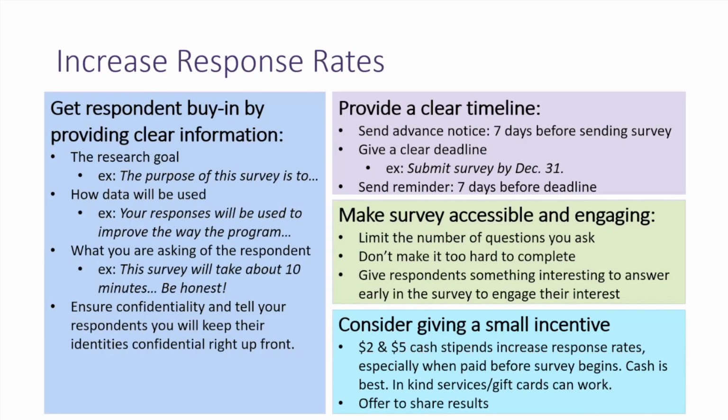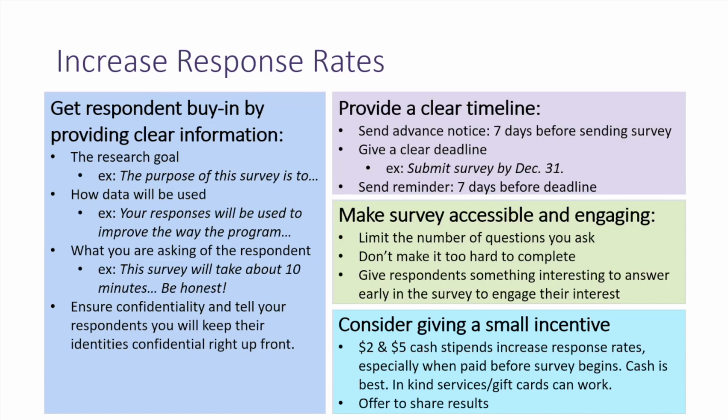And then obviously something that we run into a lot, or at least CORE runs into a lot, is response rate issues. You really want to increase those as much as you can. And here are just a couple of ways that you can do that. You can get respondent buy-in by providing clear information around the research goal or how the data will be used.